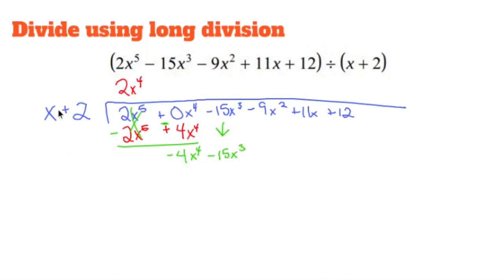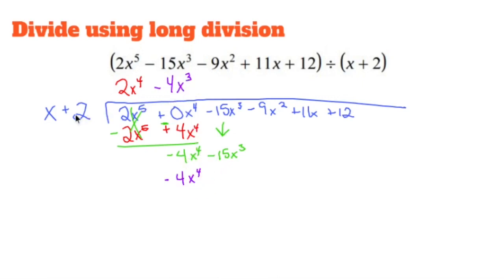Okay. x times what gives me negative 4x to the fourth? x times negative 4x cubed gives me negative 4x to the fourth. Now take this, multiply it to the entire factor, and write it underneath. Negative 4x cubed times x is negative 4x to the fourth.